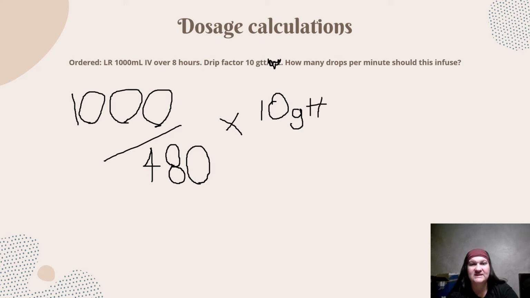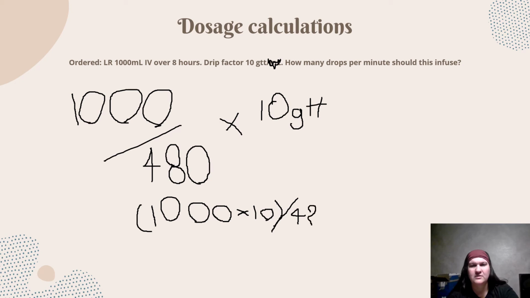So how I set this up is I set it up with 1,000, just like I showed you in that previous slide. So sorry for the terrible handwriting. Times 10, divided by 480.